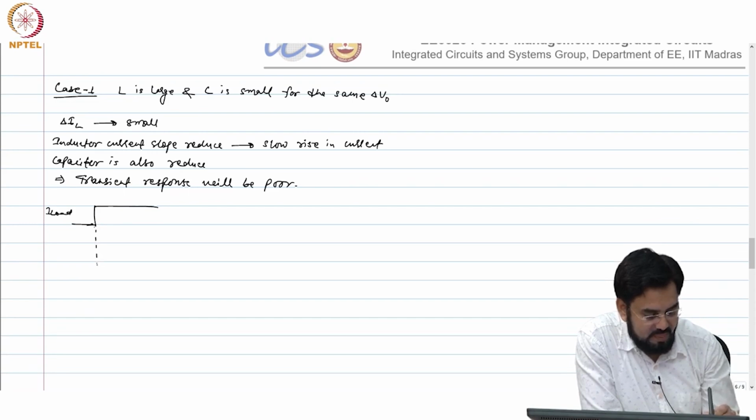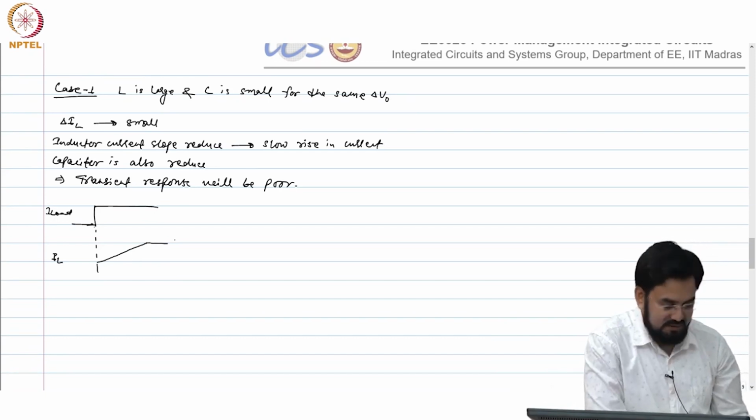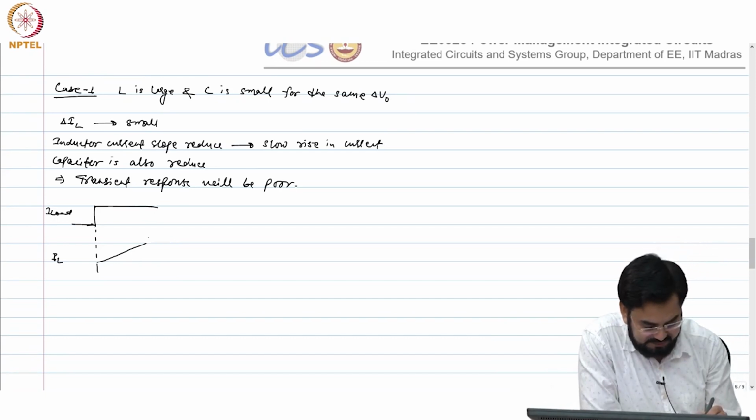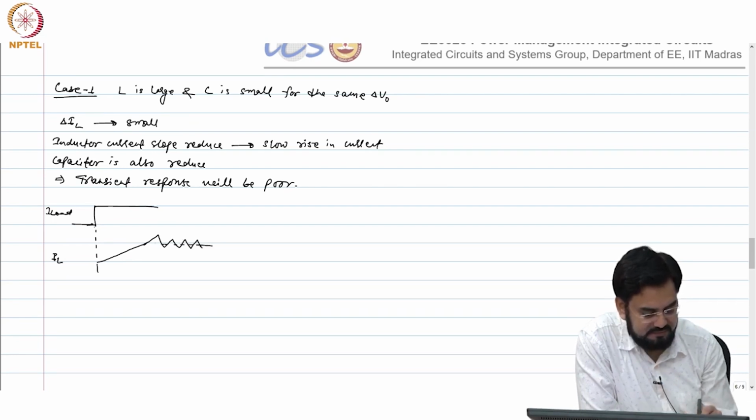Okay. So, if you want to look at it, if this is your load current I load, and this is your inductor, the inductor current will rise something like this. Let us say you have given full 100% duty cycle during transient. Usually what happens, this goes like this and then it will settle. So, what happened to this region?